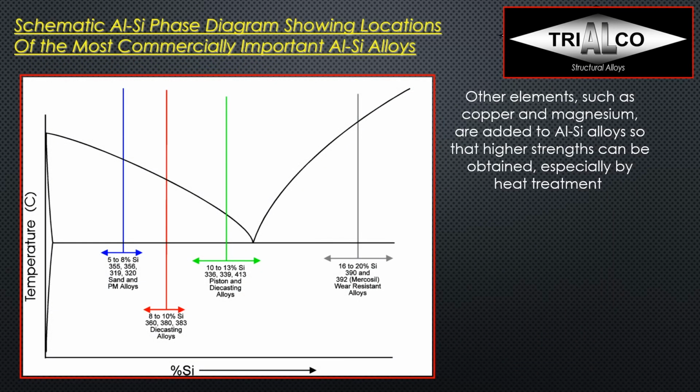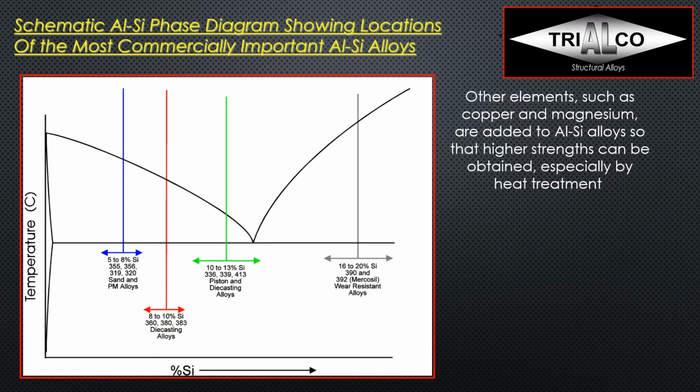So if we look at the most important areas of this phase diagram, we can see between 5 and 8% silicon, we have the most common ones, the 356, but also 355, 319, 320. So most of the sand and permanent mold casting alloys. If we move more to the right, between 8 and 10% silicon, we find typical die casting alloys like 380, of course, but also 360 or 383.